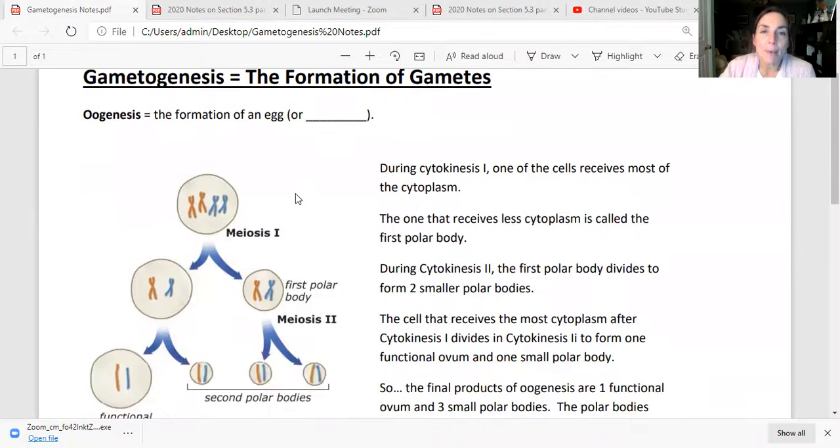And if you're talking about the making of an ovum or an egg, which is the female gamete, then we call that oogenesis.